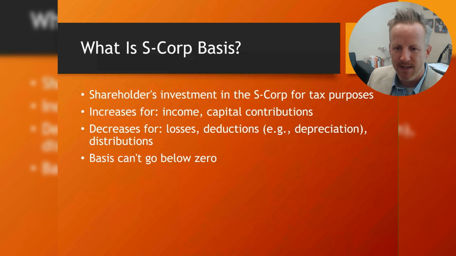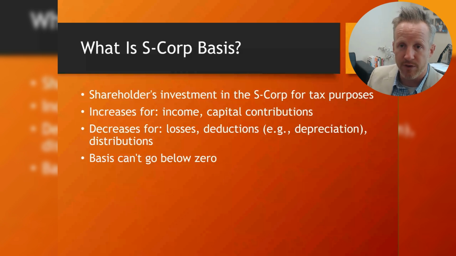You buy a CAD CAM, you don't get to deduct it all in year one. You deduct it over its sort of useful life per the IRS. And so you deduct it little by little. So think of it this way. When you bought that CAD CAM for $100,000 that you financed with a bank, on day one, there's no change to your basis. Nothing went in the piggy bank, nothing came out of the piggy bank.